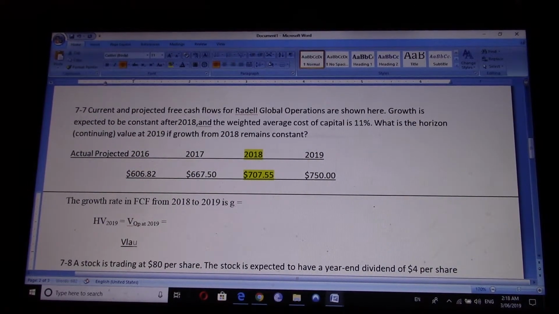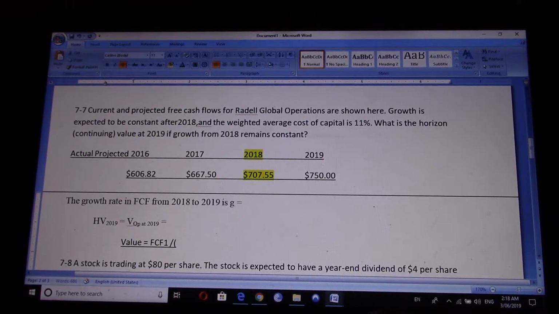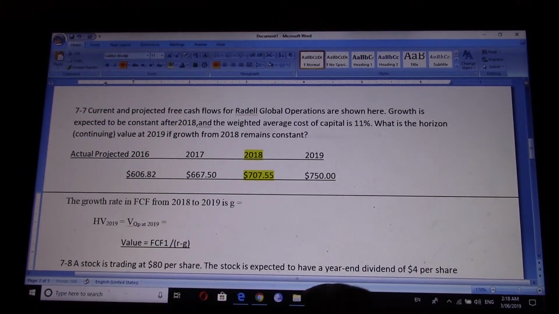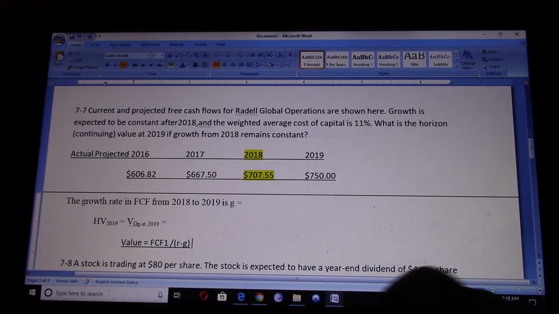Think of the firm value like a stock price: it equals free cash flow, just like the dividend of the next period, divided by R minus G. So if you discount the free cash flow, you get the firm value. If you discount the dividend, you get the stock price.